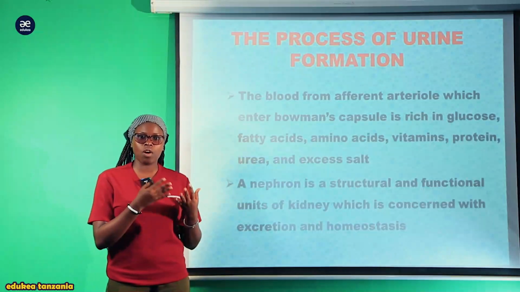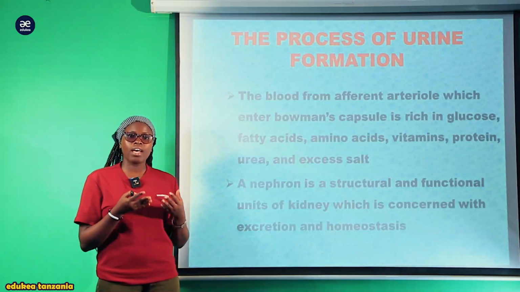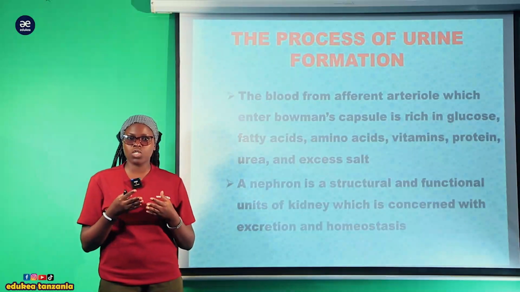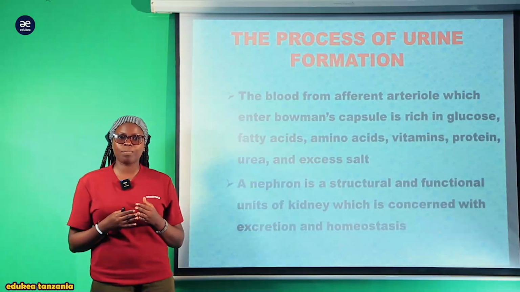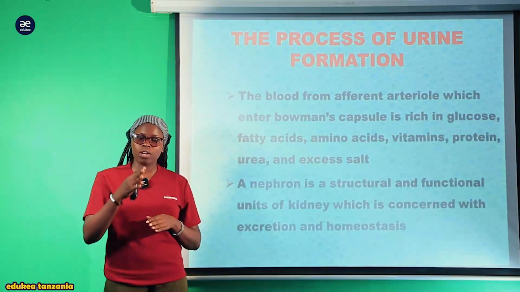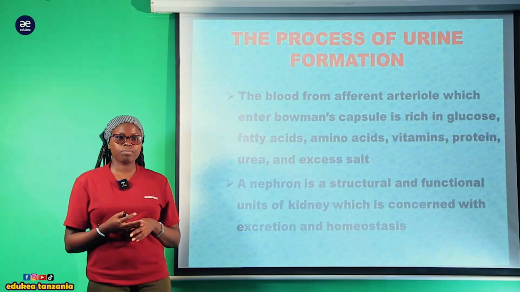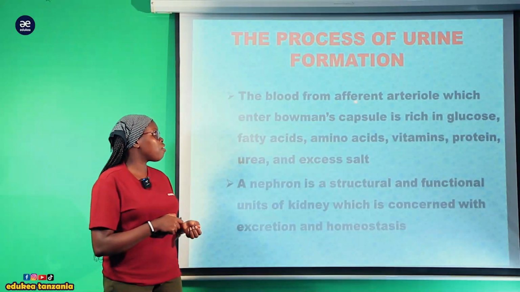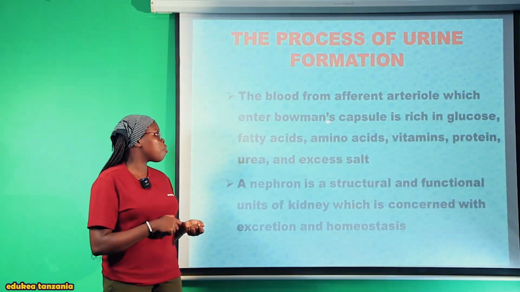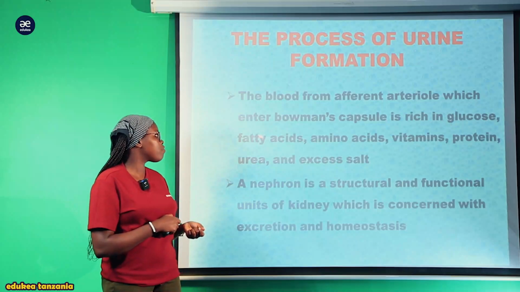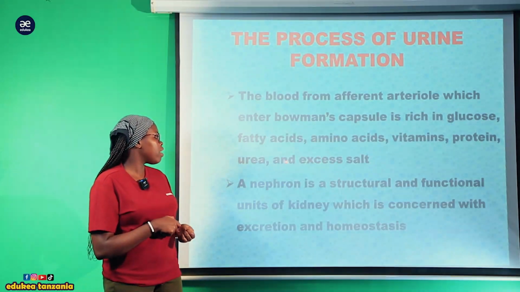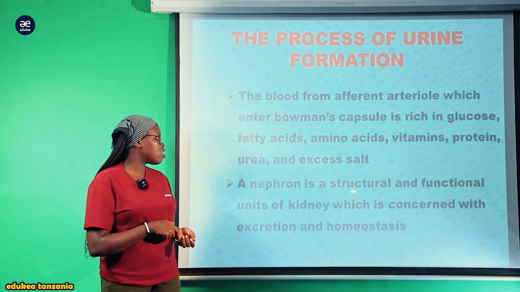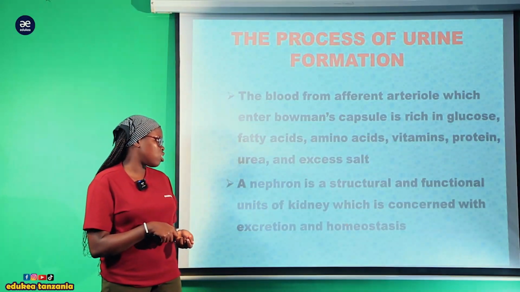We have already seen the components of the kidney, where there is the nephron, which is the functional unit of the kidney, and it is where all the processes of urine formation take place. Now, the blood from the afferent arterioles, which enters Bowman's capsule, is rich in glucose, fatty acid, amino acid, vitamin, protein, urea, and excess salt. The nephron is a structural and functional unit of the kidney, which is concerned with excretion and homeostasis.